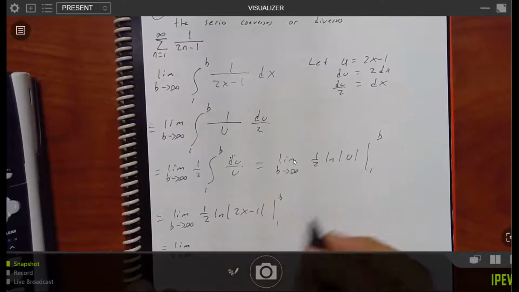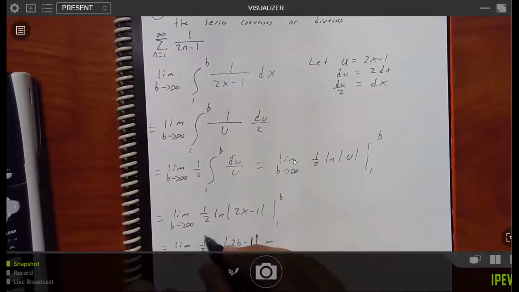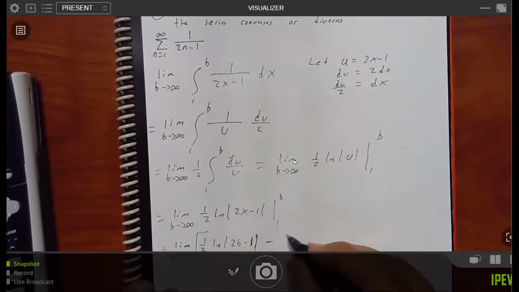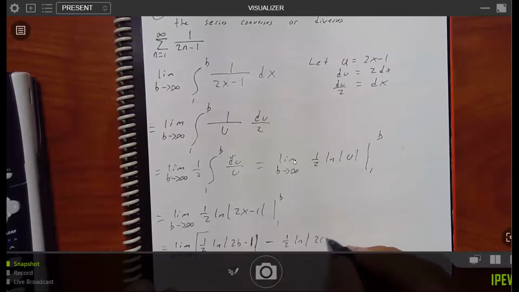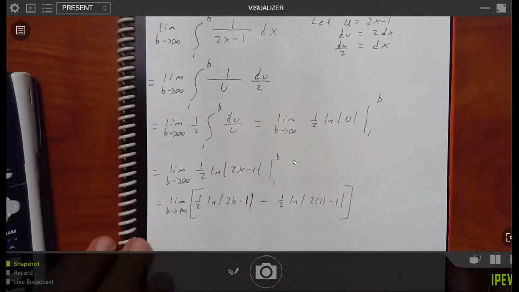So plug in the values, you'll get 1/2 ln of 2b minus 1, minus, this is all in brackets here, 1/2 of ln of 2 times 1 minus 1. What do you think this limit is going to be?